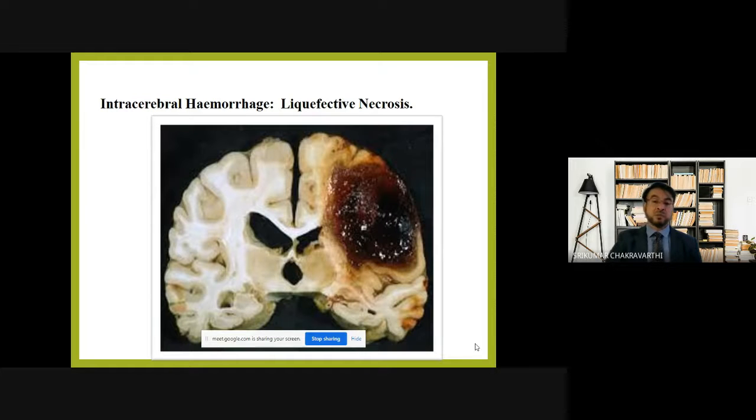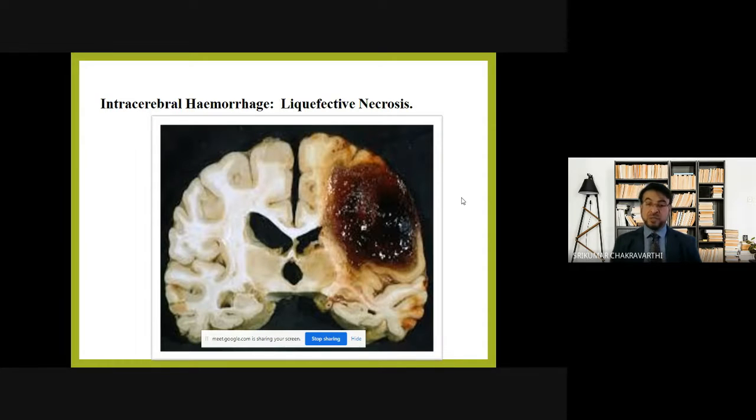Now here is a gross picture of a slice of a brain which shows a large area of liquefactive necrosis with bleeding as well. Now if you may recall, the type of necrosis in the brain is liquefactive necrosis. The type of necrosis in other parts of the body is coagulative necrosis.